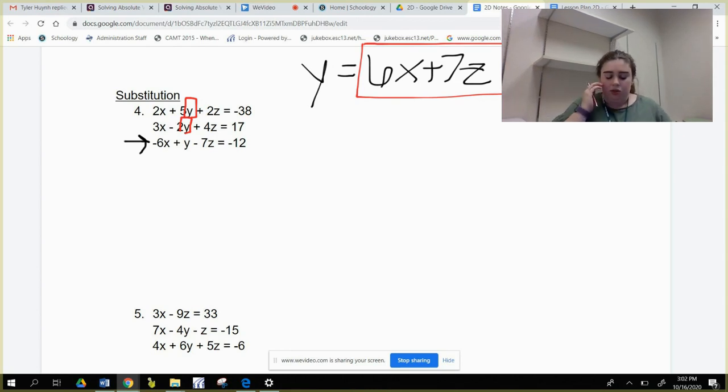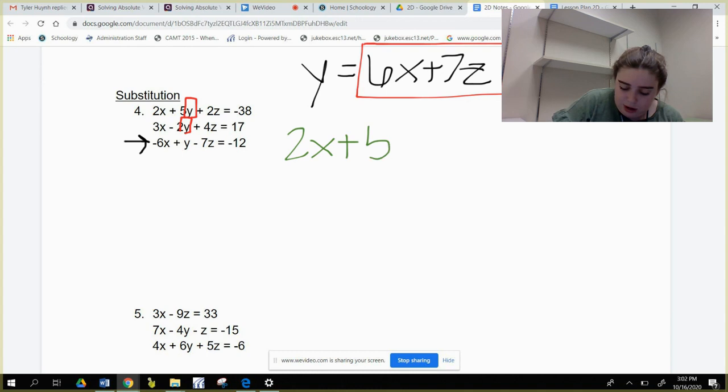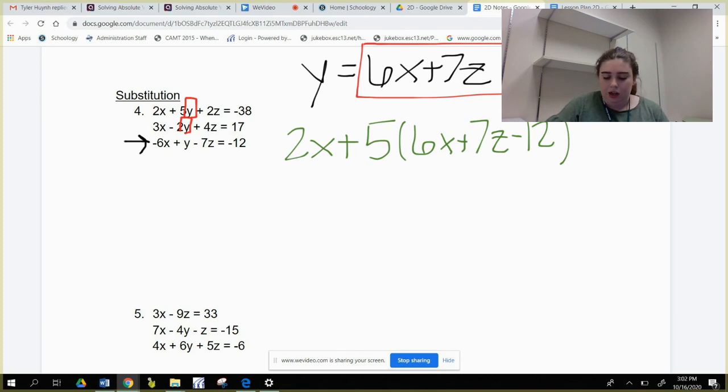So our first equation was 2x plus 5, and then for y we're plugging in what we got for y on the third equation, 6x plus 7z minus 12, and then plus 2z equals -38. Now all we have to do is simplify that.